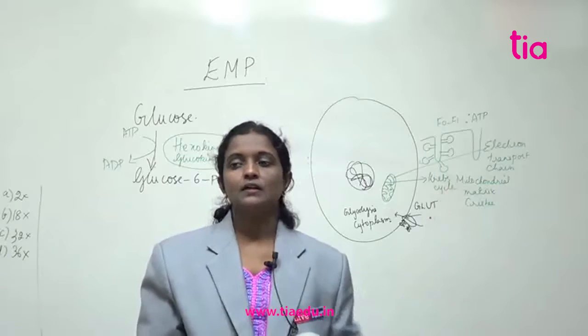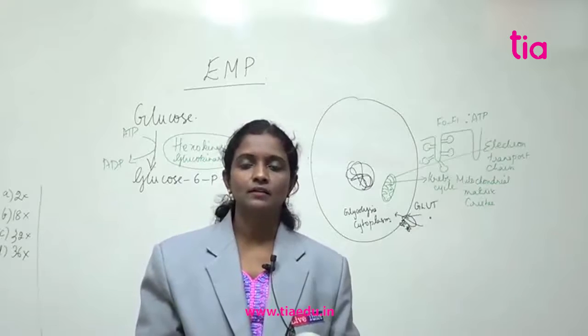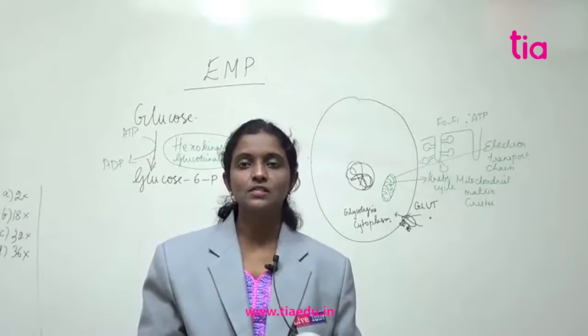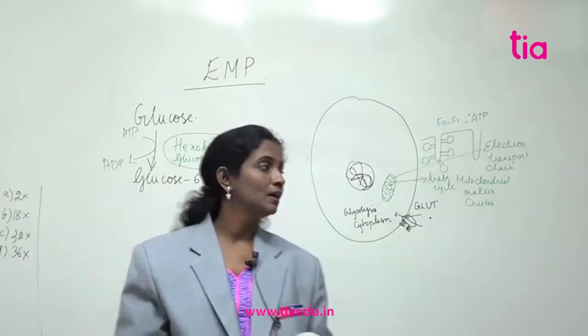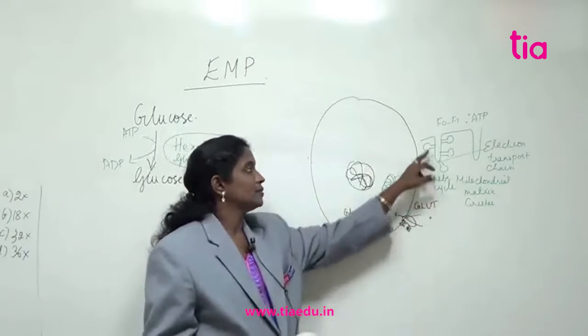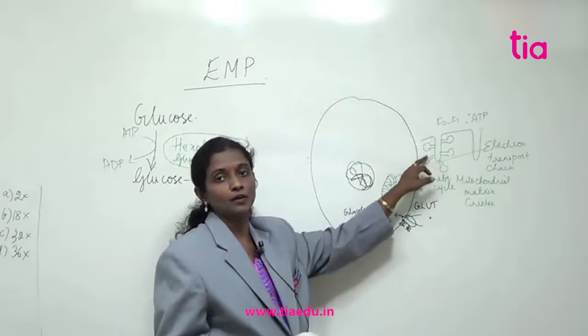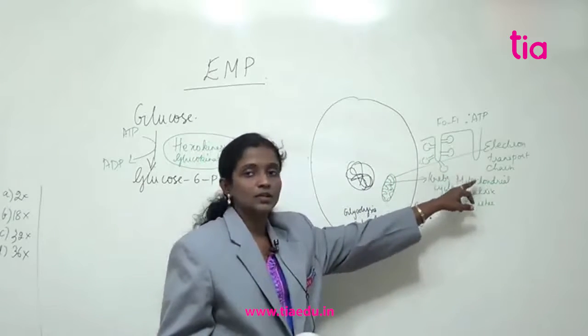So the final climax reaction, ATP production, happens in the inner membrane of mitochondria, the oxysome, where the electron transport chain happens.